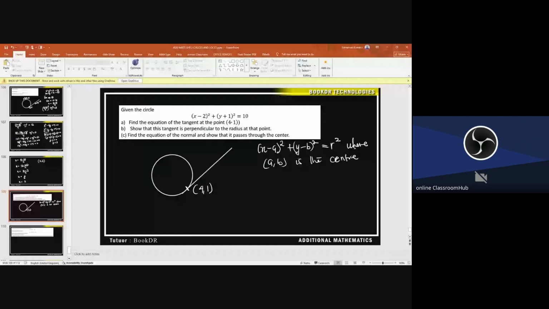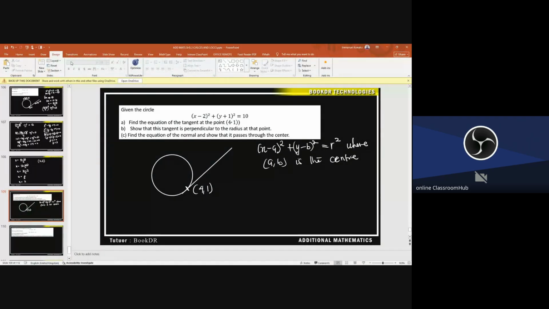When an equation is written in the standard form, it's very easy to pick out the coordinate of the center, unlike the general form, where plus C. This one, you can pick the coordinate directly.